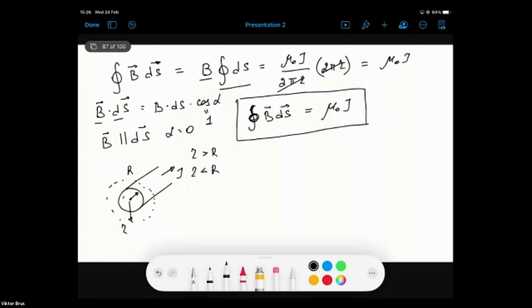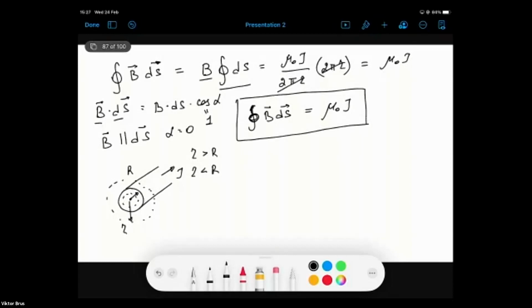So our so-called Ampere's loop will be in this case with a radius r smaller than the radius of the cross section of this wire.